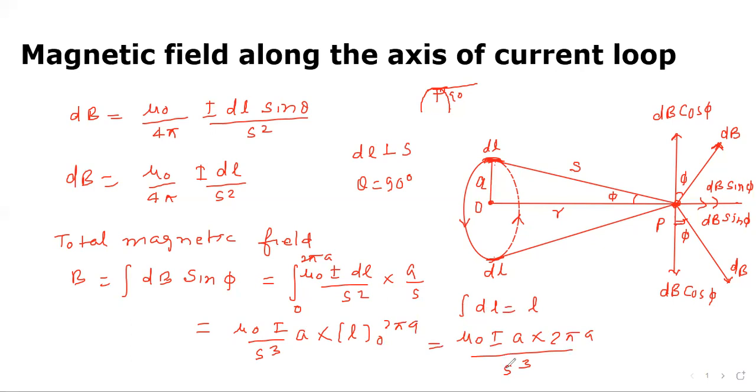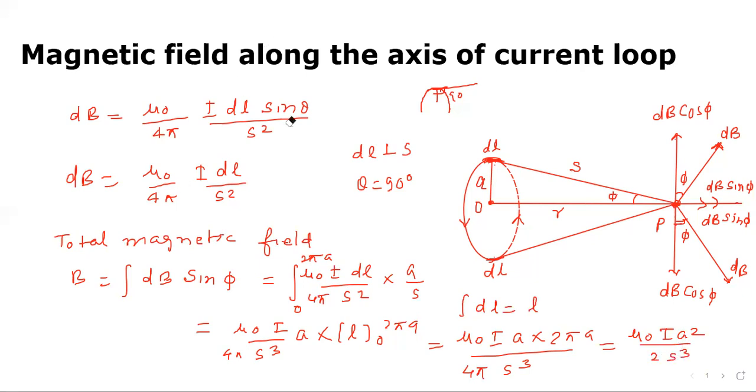So mu naught I, and here the 4 pi term is missing. So we should write here 4 pi, here also 4 pi, and here also 4 pi. So it will become mu naught I a square divided by 2 s cube.